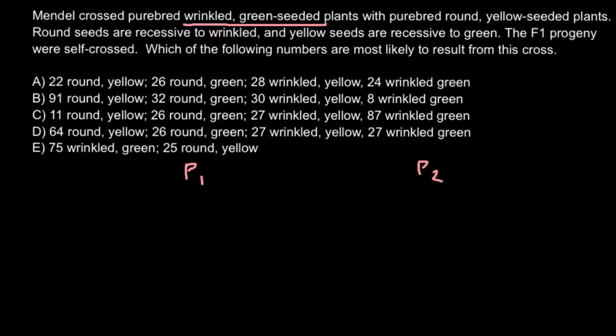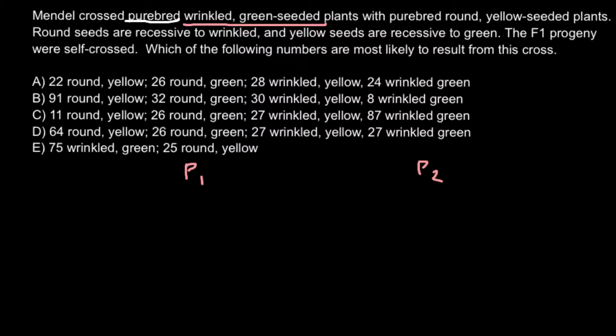Wrinkled can be made by two dominant alleles, and another variant would be one dominant allele and one recessive allele, but phenotypically they would look the same, wrinkled. So which genotype to choose? And this word would help us. We have purebred here, and that means that the genotype would be homozygous.